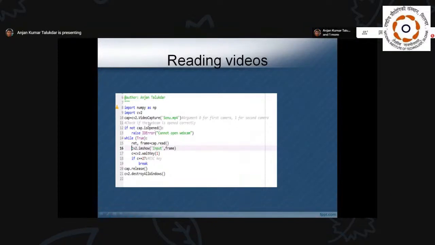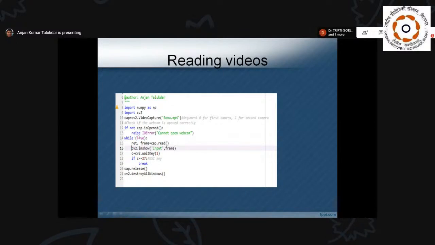If you write 0 here, it will take the video directly from the camera. Instead of reading some stored video, you can directly read video from the camera. You use argument 0 for the first camera, or 1 for the second camera, like that.